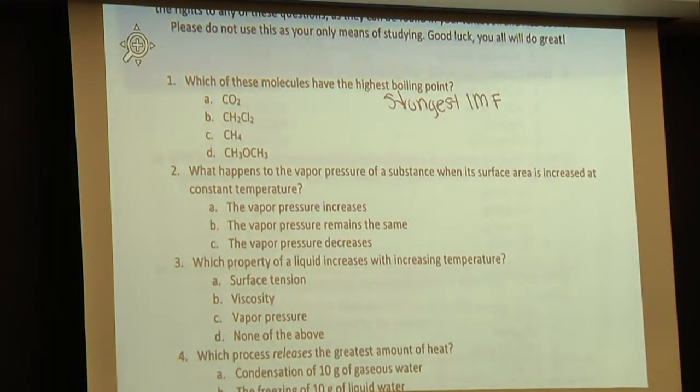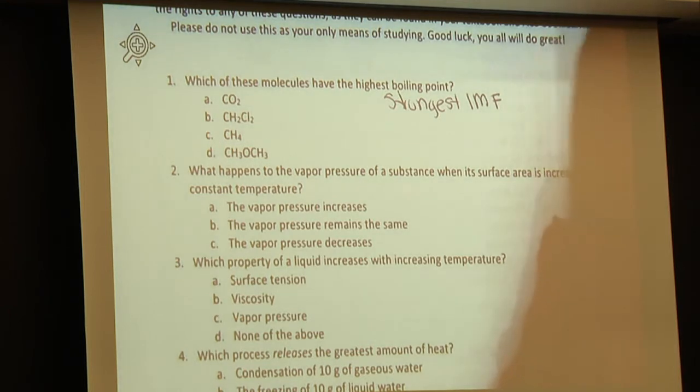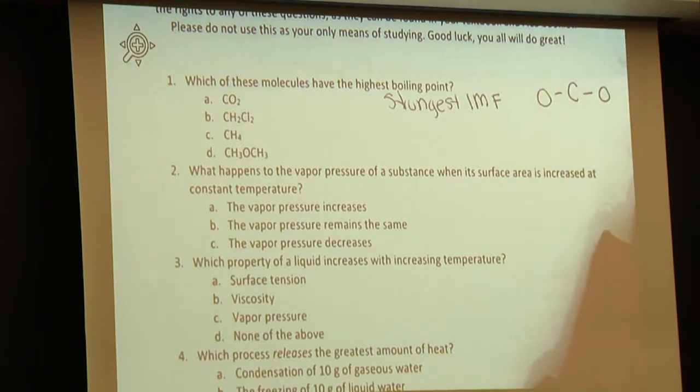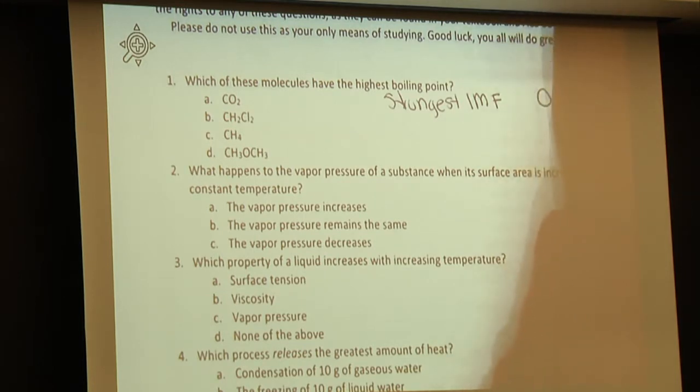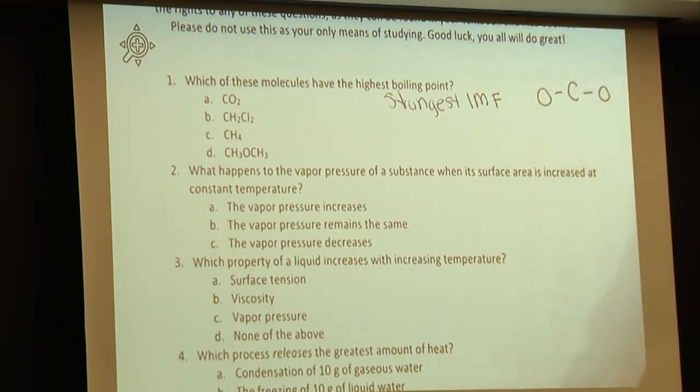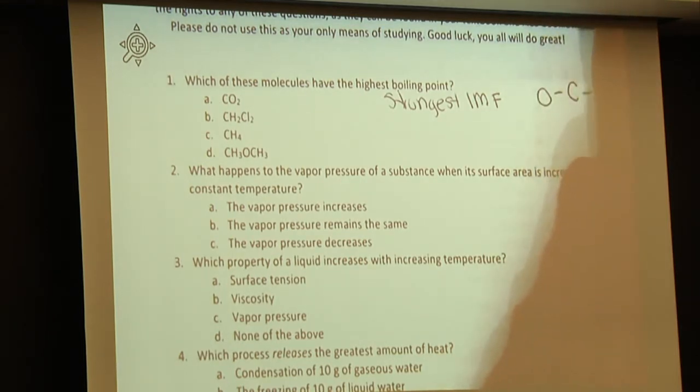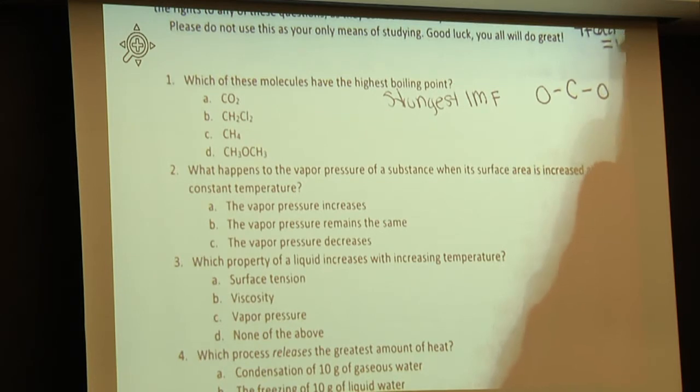So we have CO2. What does CO2 look like? I don't have my periodic table with me, but 4 plus 6 times 2, so 4 plus 12 would be 16.